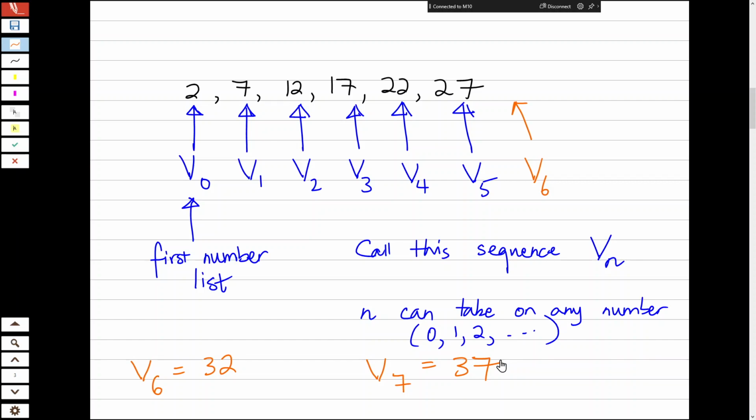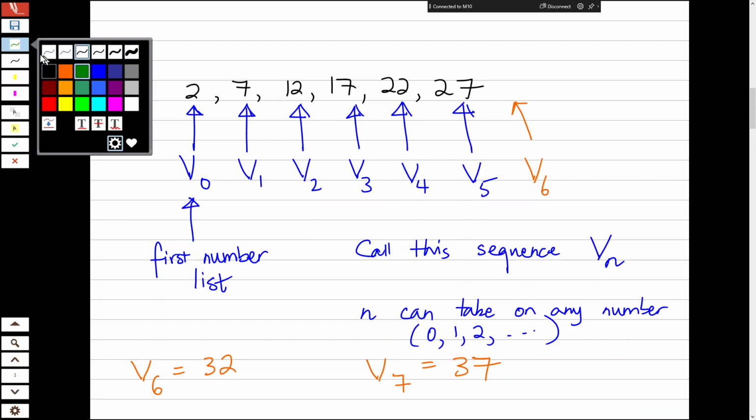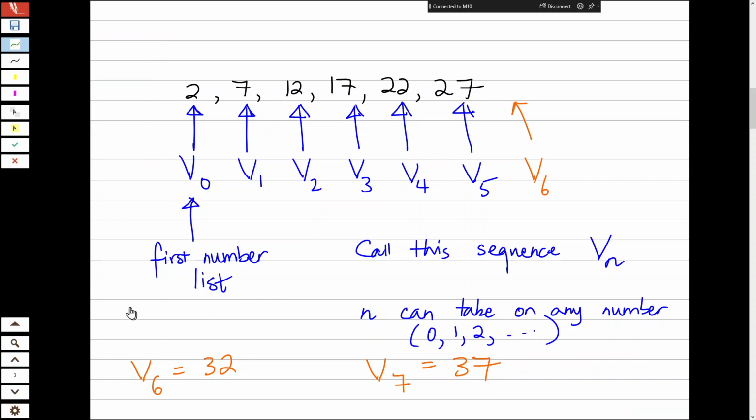Okay, so here's the big idea. Instead of just writing out the list of numbers, I'm going to tell you where I am in the sequence by giving you a number. 0 for the first one. Okay, this sometimes confuses students, so I'll write a note here. We start the list at V0 rather than V1.